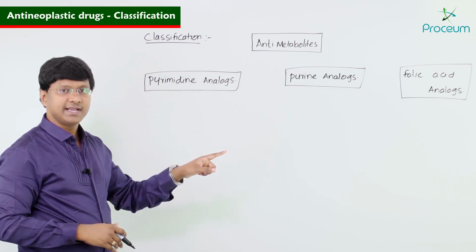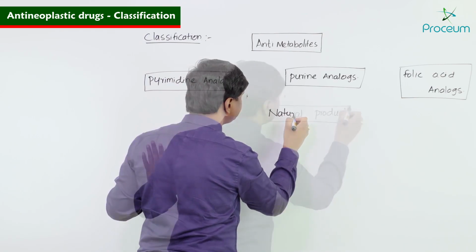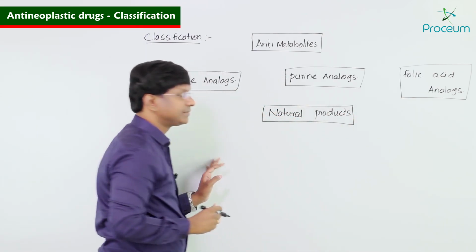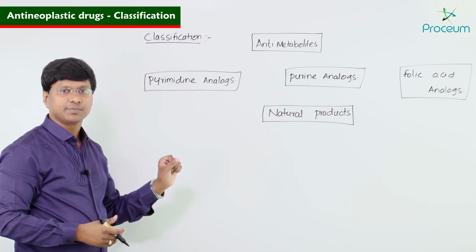Next to the antimetabolites, you have natural products. Now let me tell you what are the groups under your natural products.